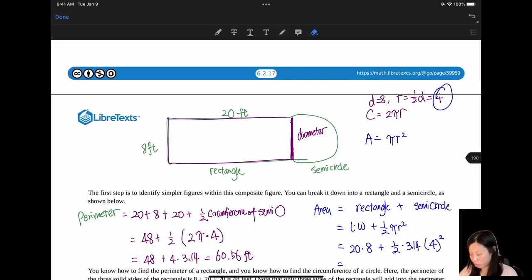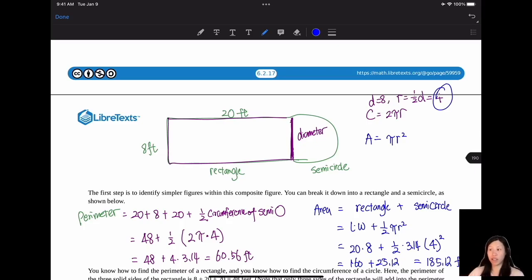So the area of the rectangle is equal to 160, and the area of the semicircle is equal to 25.12. So the total area is equal to 185.12 square feet. Okay, let me recap this. When you're doing a composite figure, the first step is you always try to divide it into shapes that you are familiar with.